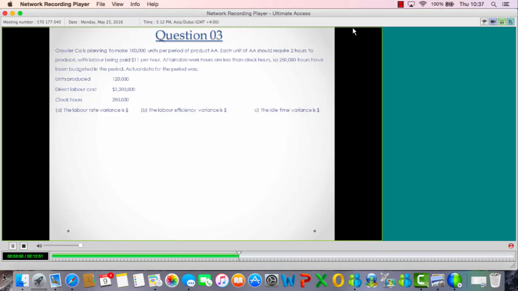They are planning to make 100,000 units, and for one unit it's only two hours to actually make the product. So for 100,000 units, if I work 2 hours each, how many hours should I work? This is the budgeted.